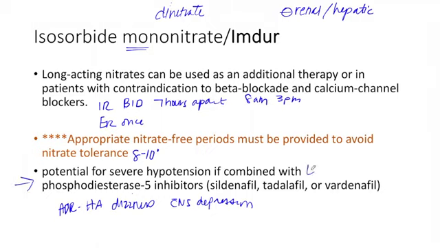So these are your erectile dysfunction meds, which are obviously vasodilators too. You do not combine them with Imdur, or you could result in severe hypotension. And then the other thing is the tolerance. So those are the two big things that you need to know about the long-acting nitrates.